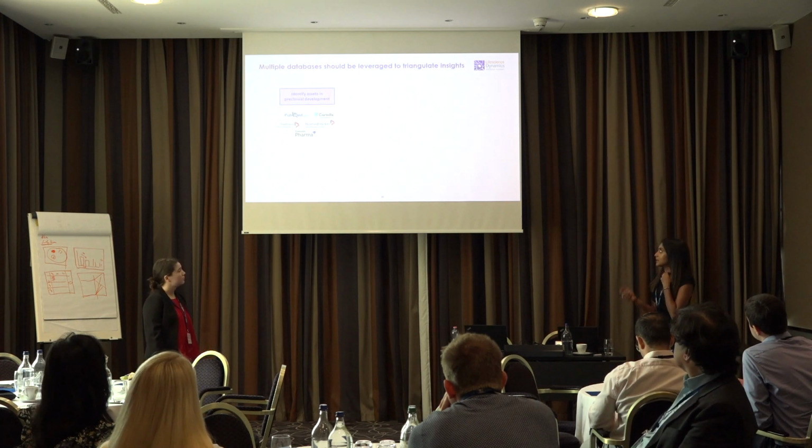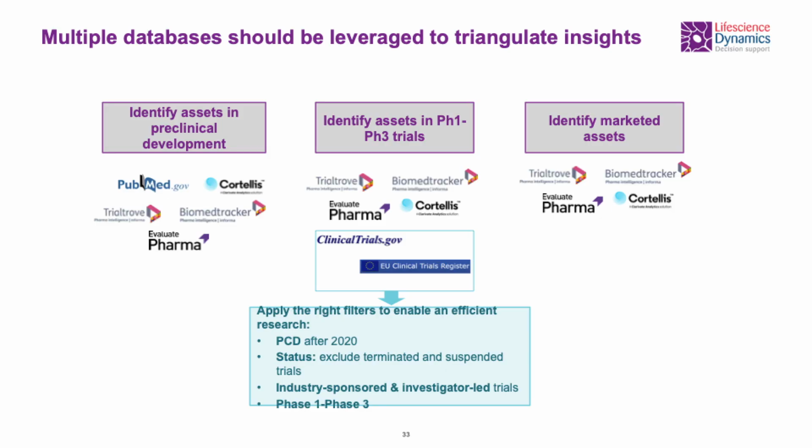Again, in terms of the databases, I'll just quickly skip through this, but just to highlight the fact that we did do a PubMed search for the preclinical aspects. For ClinicalTrials.gov and the EU Clinical Trials Register, you can once again narrow your scope down a bit. Of course, if you put RA in these databases, it's going to give you hundreds or almost thousands of hits.